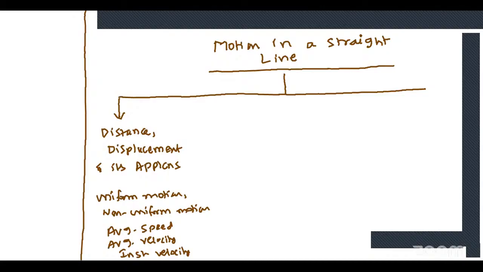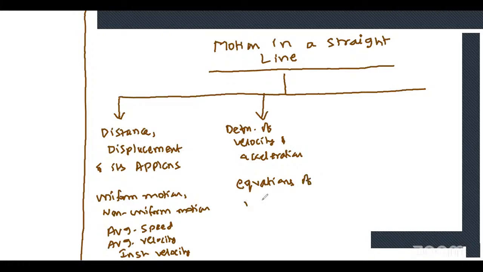And then next we are having the definition of velocity and acceleration. Corresponding to this, we are having the equations of motion, and applications of equations of motion.